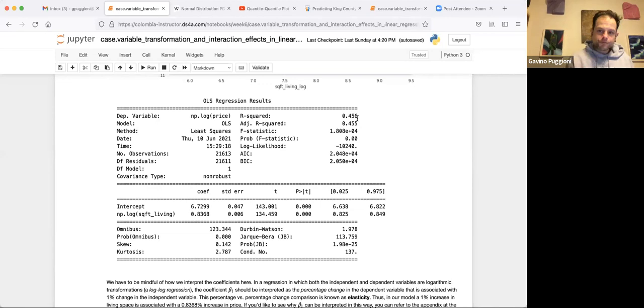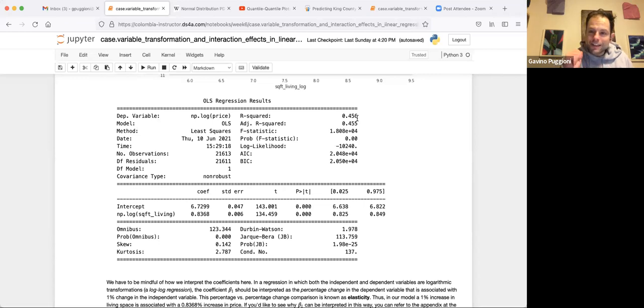Now, in the original scale, how do we interpret the slope? The slope would be the change in price if we increase the predictor, that is the square feet of living space, by 1.